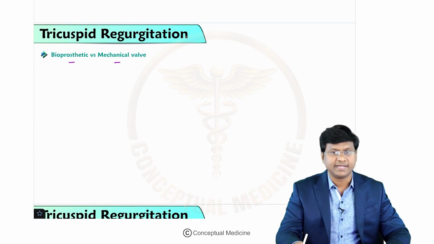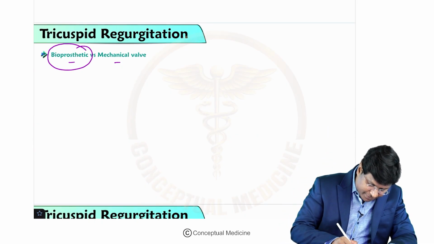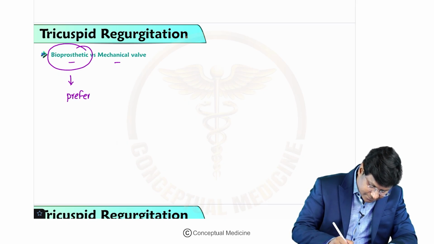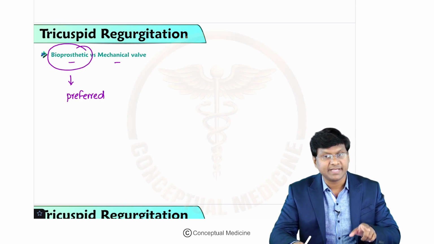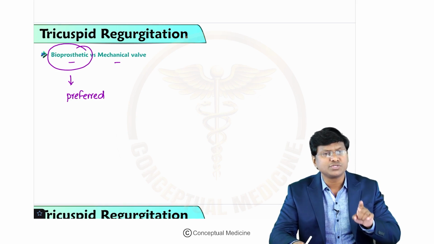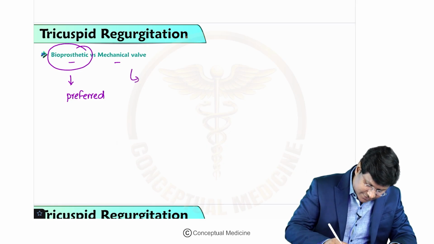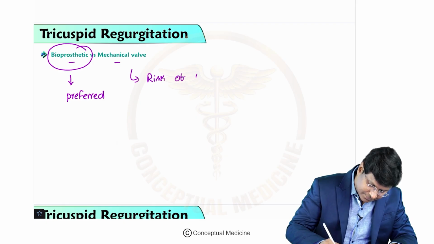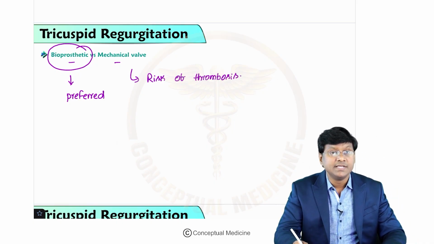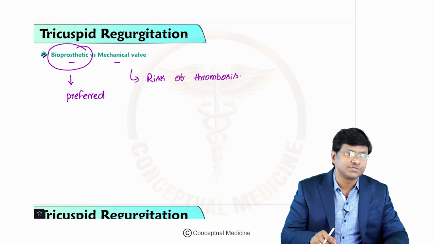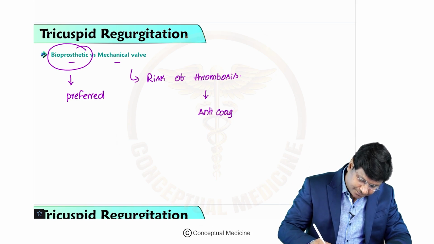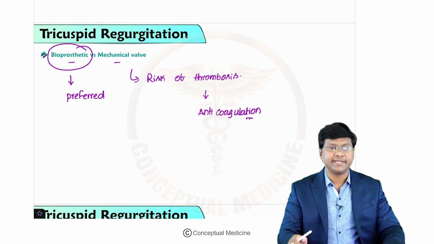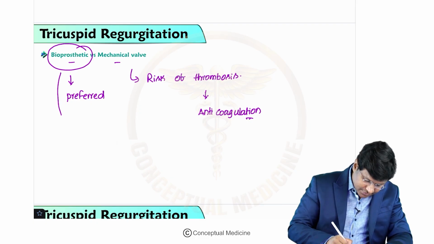The bioprosthetic valve is more preferred, and is almost always used rather than the mechanical valve because of the risk of thrombosis. Because of the risk of thrombosis with a mechanical valve, you need to give anticoagulation, and whenever you give anticoagulation there is a chance of bleeding in other areas of the body. Whereas with a bioprosthetic valve, anticoagulation is not required.